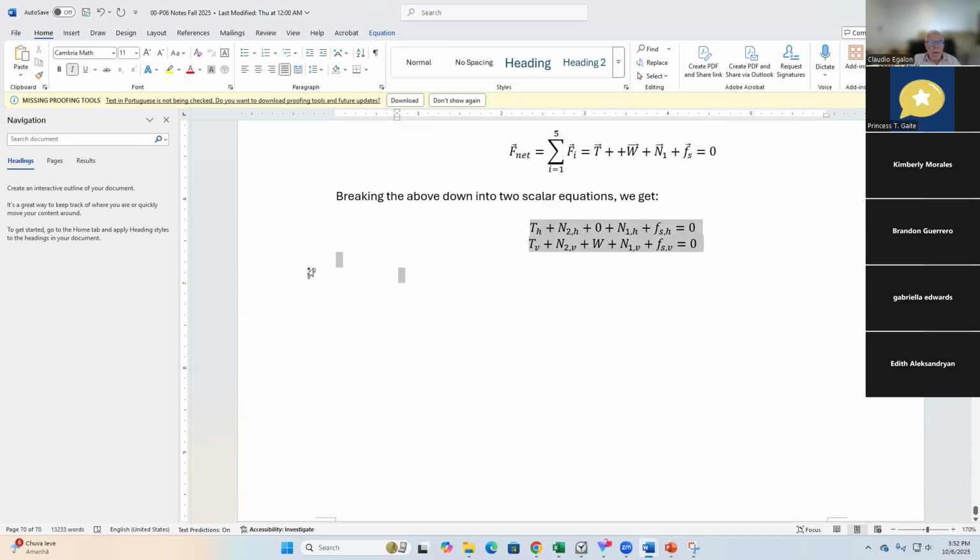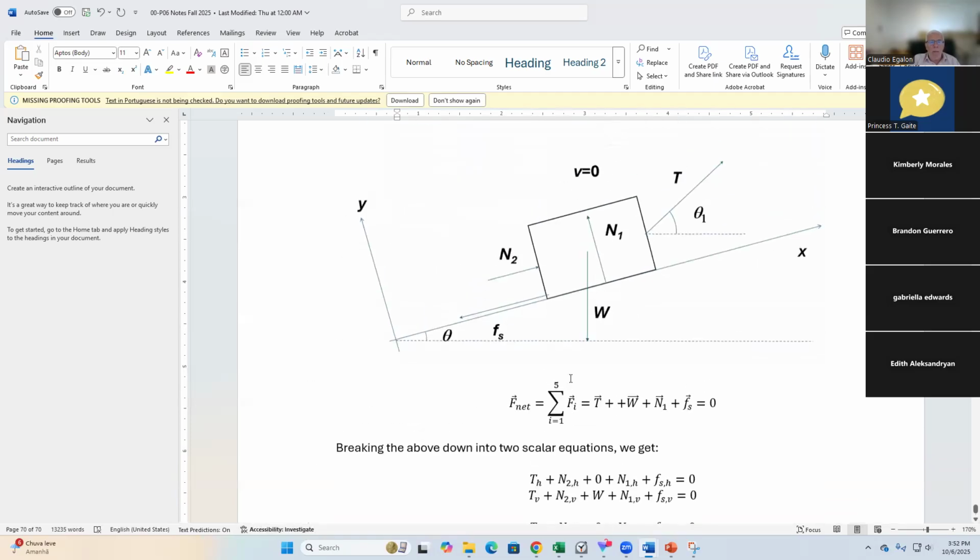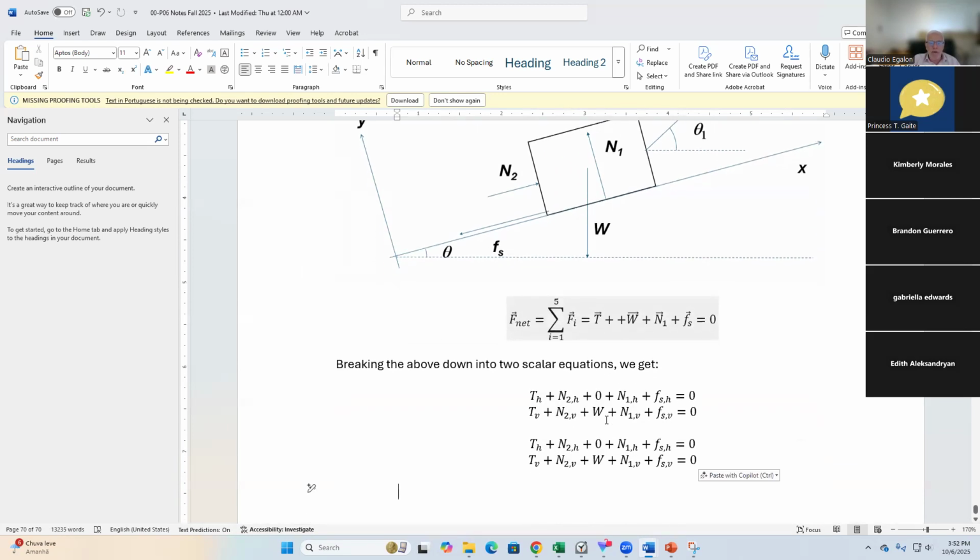Here we're writing in terms of the horizontal and vertical components. But what if we want to write in terms of the X and Y component according to this frame of reference, okay? See, the X axis makes an angle of theta with the horizontal, okay? What's gonna happen to my equation? My equation changes slightly.